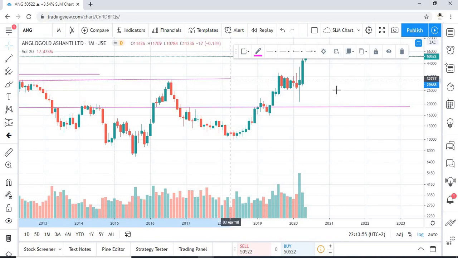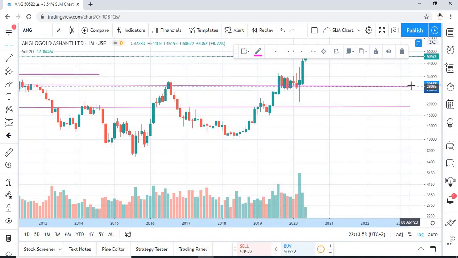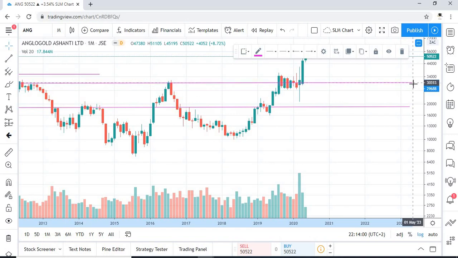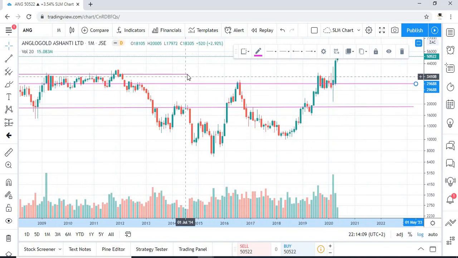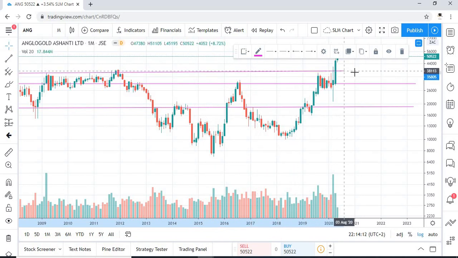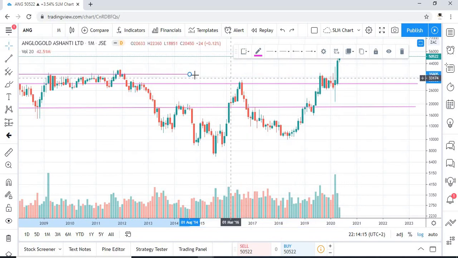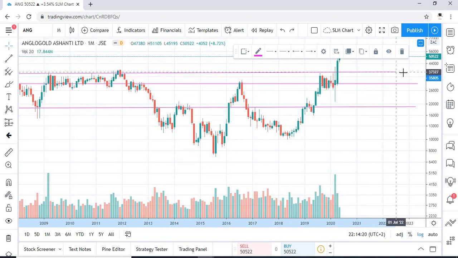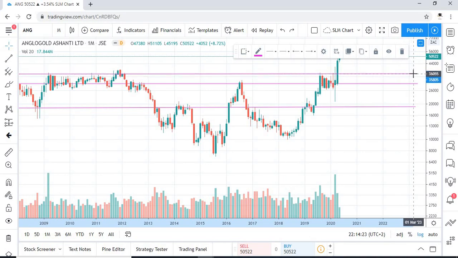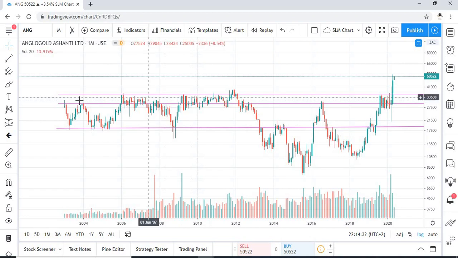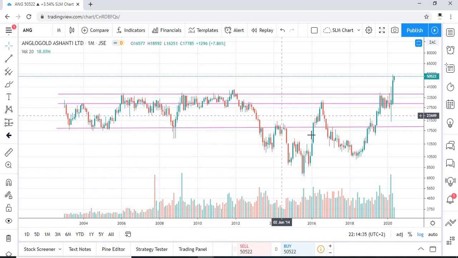This was 29688. We'll put it there. Then this other one that we established, let me just confirm the price, is 35805. So we project it there. So we moved from a historical perspective going forward.